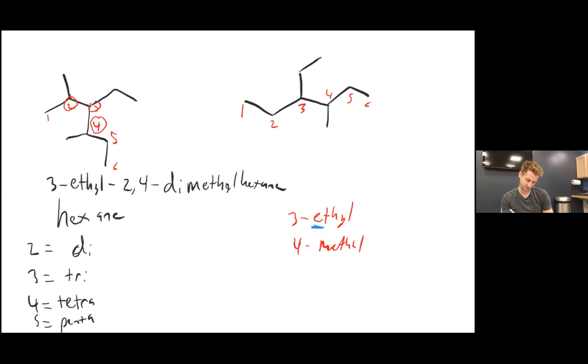So we have a hexane. Putting them in alphabetical order, this would be 3-ethyl, 4-methyl, hexane.